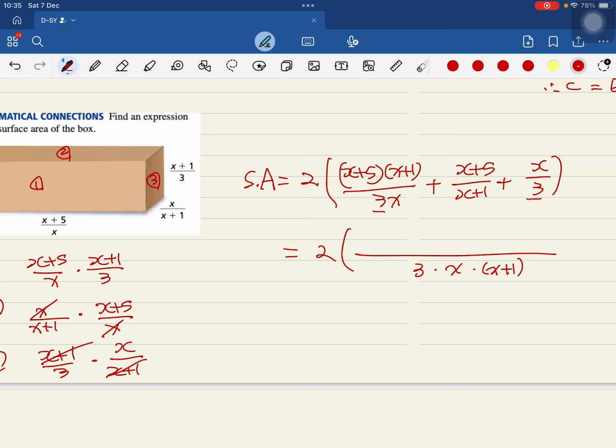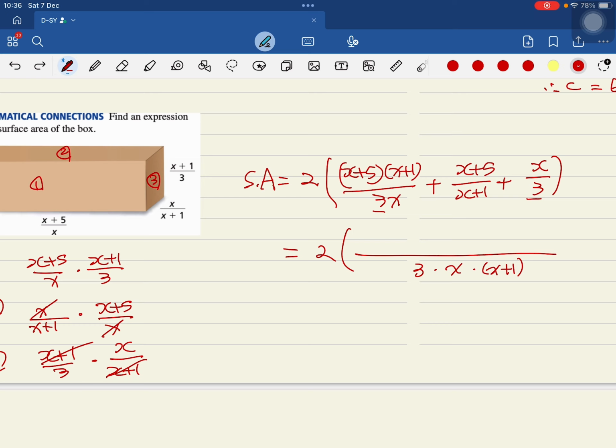When we have something in common, we write it only once. But if we have 3 squared and 3, then we write 3 squared. When we find this LCM, we find the largest one, with no need to multiply them together, like 3 squared by 3 to get 3 cubed. If we have only 3 squared and 3, then we have only 3 squared.